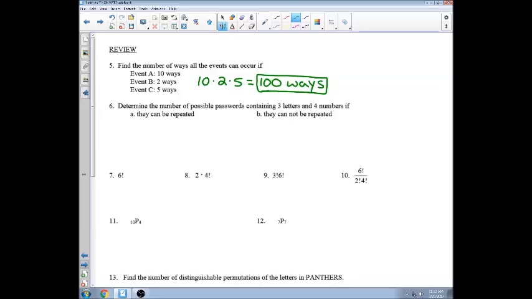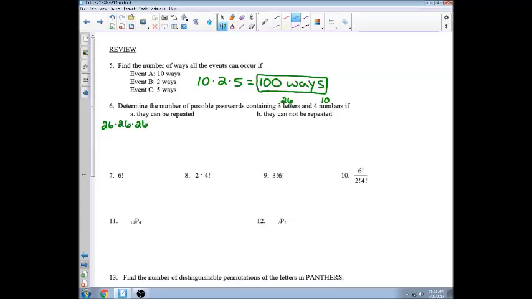All right, now we need to determine the number of possible passwords containing 3 letters and 4 numbers if they can be repeated. Remember, the number of letters is 26. The number of numbers is 10. Okay? Talked about that in the last section. If they can be repeated, the first thing is it's going to have 3 letters. So the first choice I have is 26 letters. If it can be repeated, I still have 26 letters.